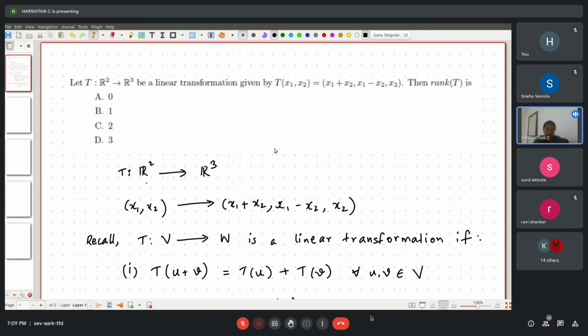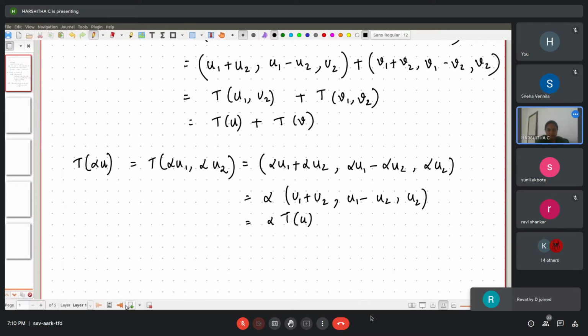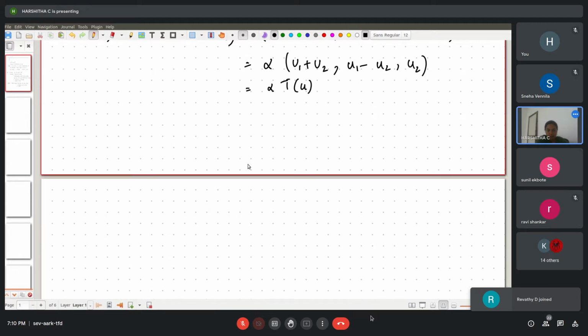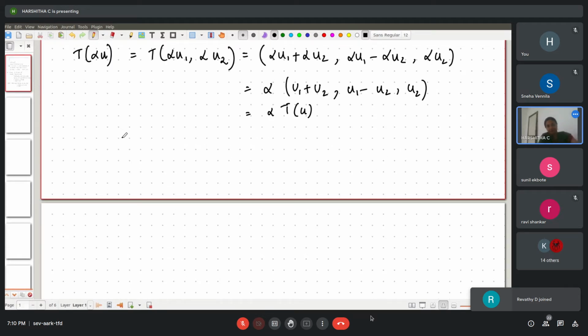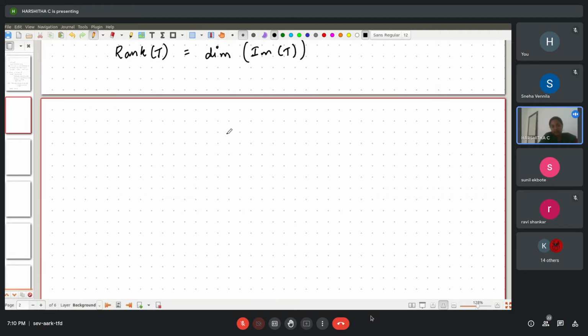So we have this linear transformation, and the question is, what is the rank of T? Rank of T means the dimension of the image space. So rank of T basically means dimension of image of T. So what is image of T?